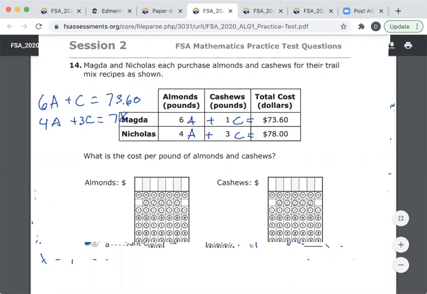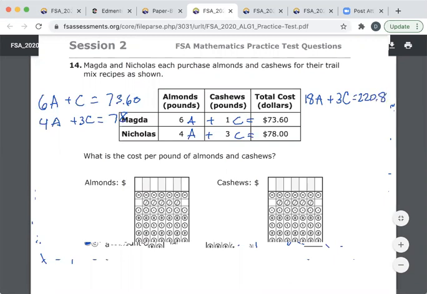I'm going to multiply the top equation, the whole thing, by 3. So rewriting that, 3 times 6 is 18A, 3 times C would be 3C, and 3 times 73.60 is 220.8.